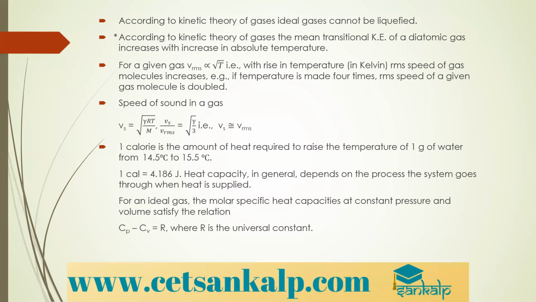Heat capacity in general depends on the process the system goes through when heat is supplied. For an ideal gas, the molar specific heat capacities at constant pressure and volume satisfy the relation Cp minus Cv is equal to R, where R is the universal gas constant.